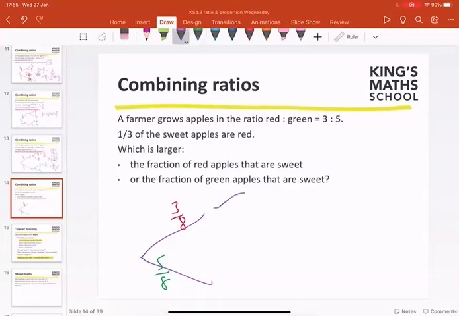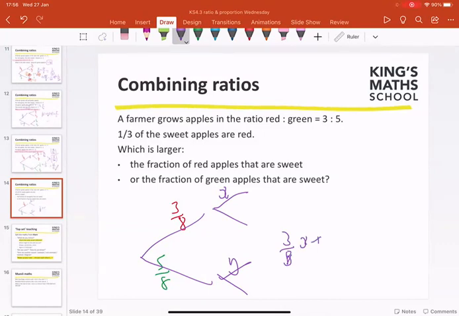So now we have the situation where we have two variables. We've got x being, say, the fraction of red apples that are sweet, and y being the fraction of green apples that are sweet. Not x and x for obvious reasons, but again, your students might suggest that. So what have we got here? We have that all the sweet apples add up to 3/8.